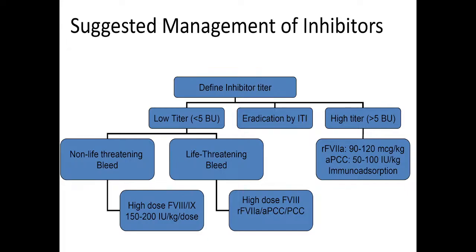The concept is that in a high dose some factor will be utilized in neutralizing the antibodies, and some factor will actually work. And if life threatening bleed, then high dose factor 8, factor 7A, APCC or PCC, bypassing agents can be used.